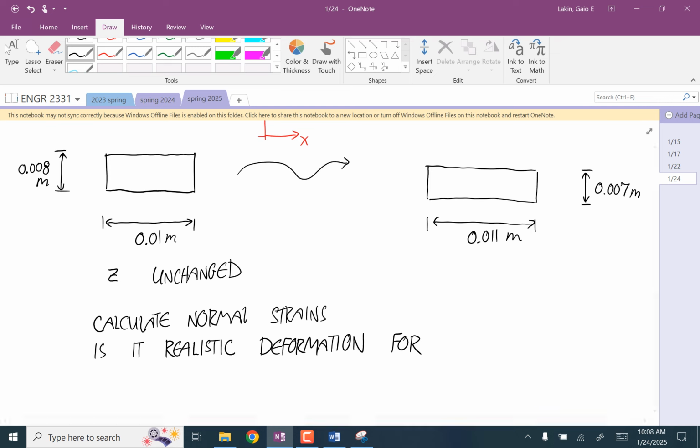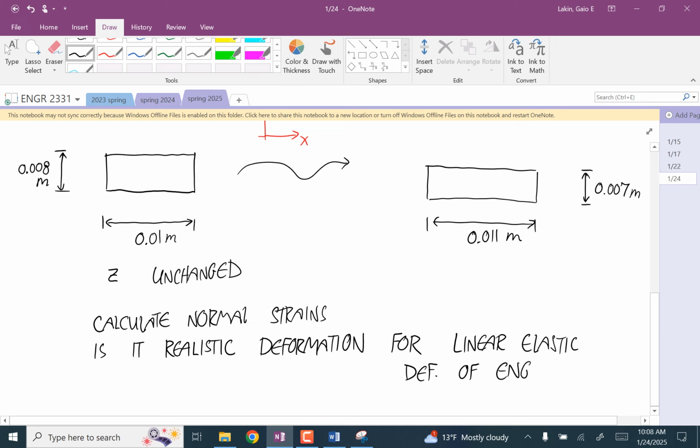And what that means is an elastic deformation with a linear, let me put these in the other order. So for a linear elastic deformation of an engineering material. That's kind of like a mouthful, but that's sort of what this is getting at. So what does linear elastic mean?